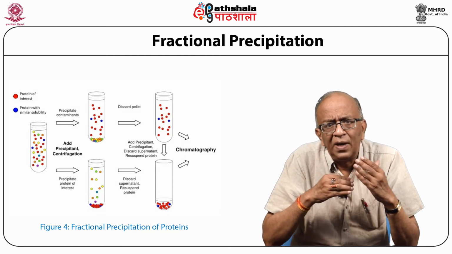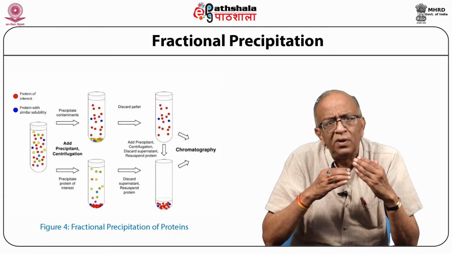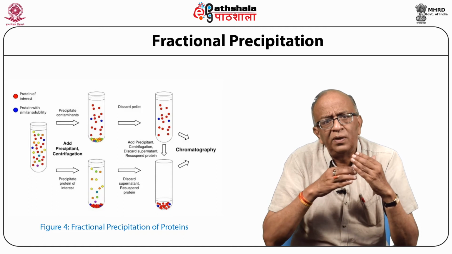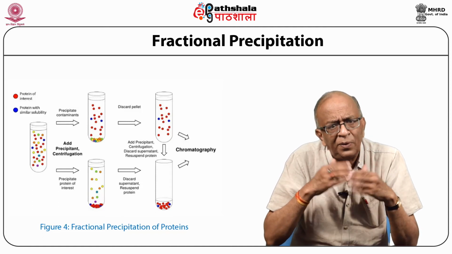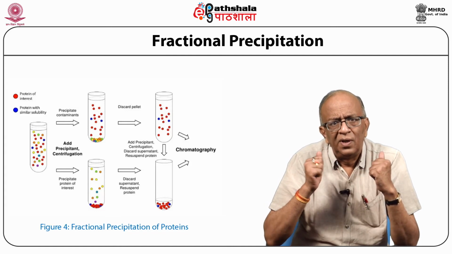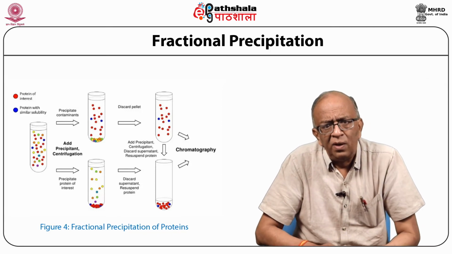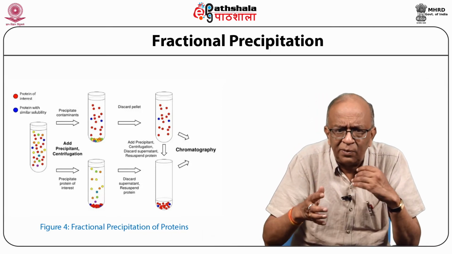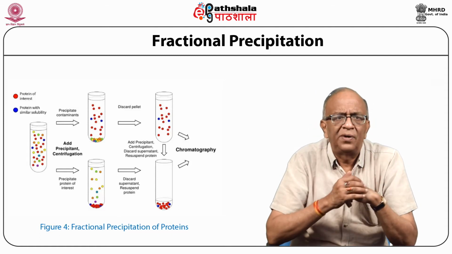A mixture of metal ions in a solution can be separated by precipitation with anions. The figure given below, that is figure 4, represents the fractional precipitation of proteins. Here it has been shown how fractional precipitation of proteins takes place. It has been illustrated in this figure.